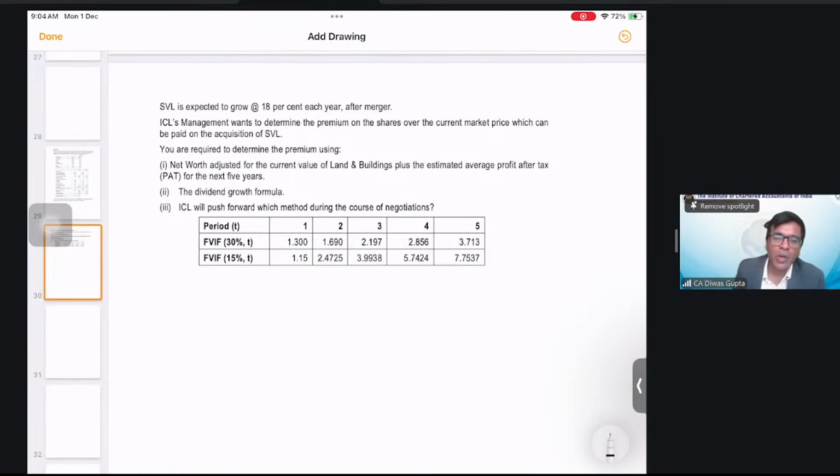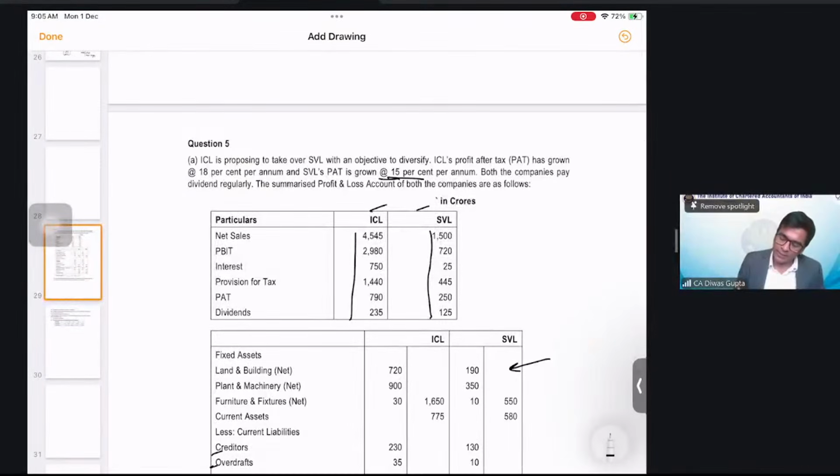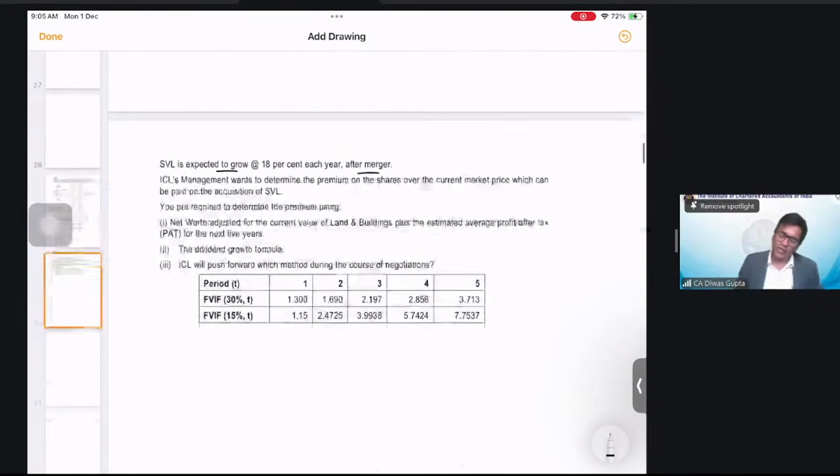SVL is expected to grow at the rate of 18% each year after merger, not demerger, after merger. So if SVL is getting merged, then instead of 15%, it will grow at the rate of 18%.